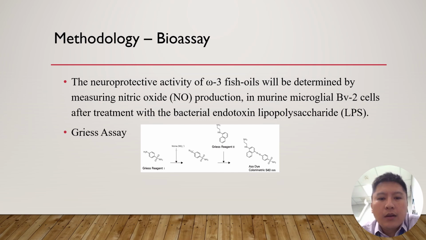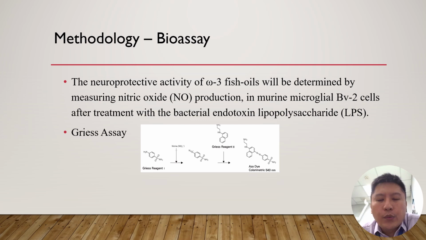Lastly, to measure the neuroprotective activities of omega-3 fish oil samples, bioassay methods can be used by determining the nitric oxide productions with a sample incubated in murine microglial cells, then after the treatments with the bacterial endotoxin lipopolysaccharides.